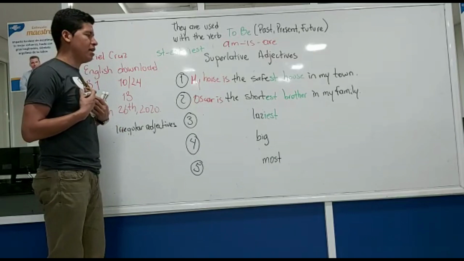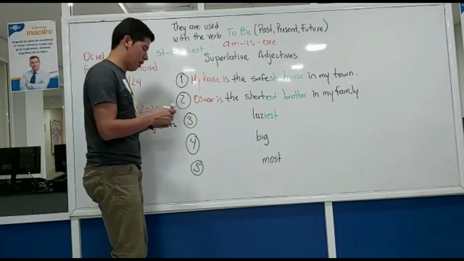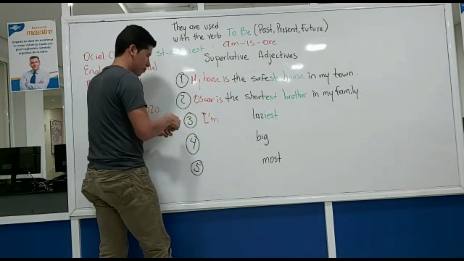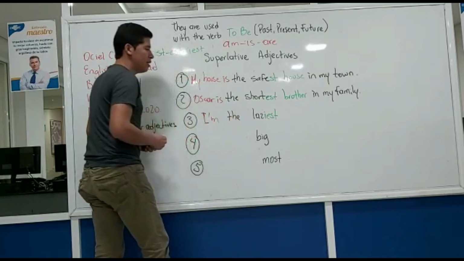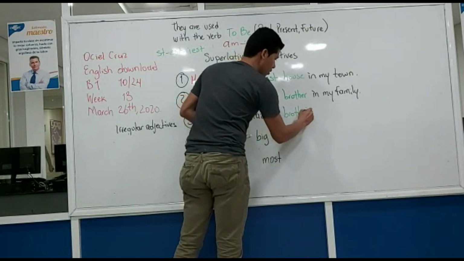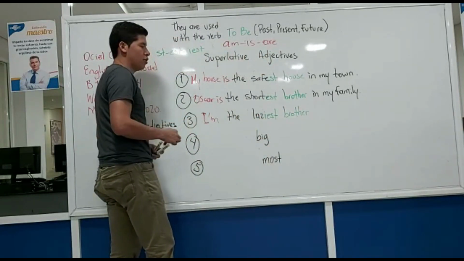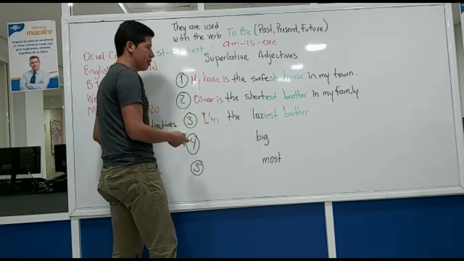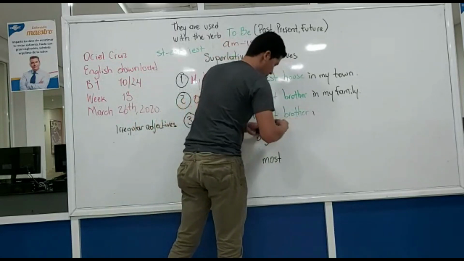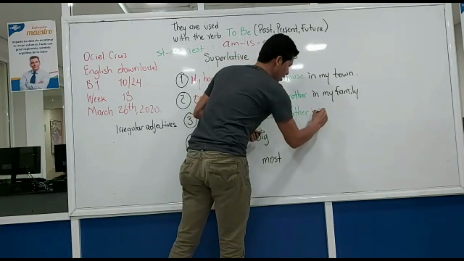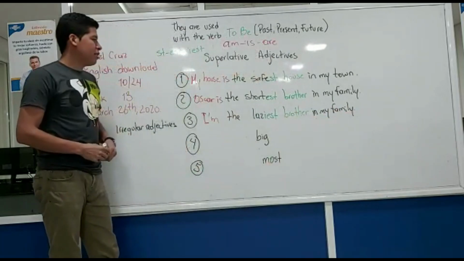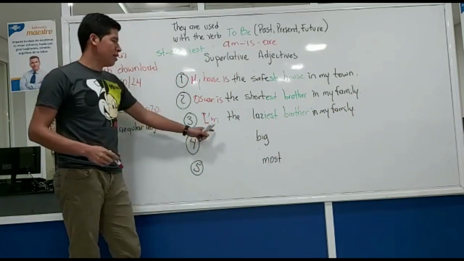For example, I am the laziest brother in my family. You know that is just an example, I'm not the laziest brother. I am the smartest brother in my family. Just that is an example.